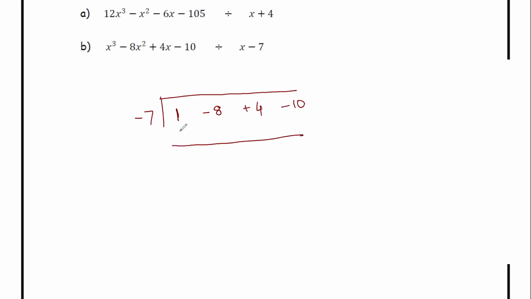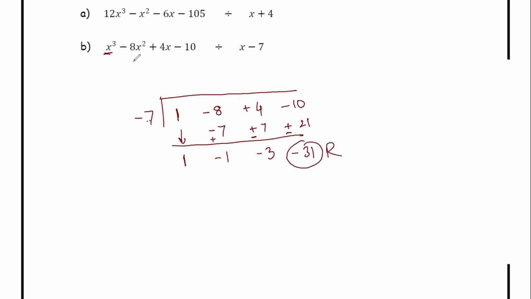Leave some gap. Bring down the 1. Understood? Negative 7 into 1 is negative 7. Change the sign. Negative 1. Negative 7 into negative 1 is positive 7. Change the sign. And I got negative 3. Negative 7 into negative 3 is positive 21. Change the sign. I got negative 31 as my remainder.